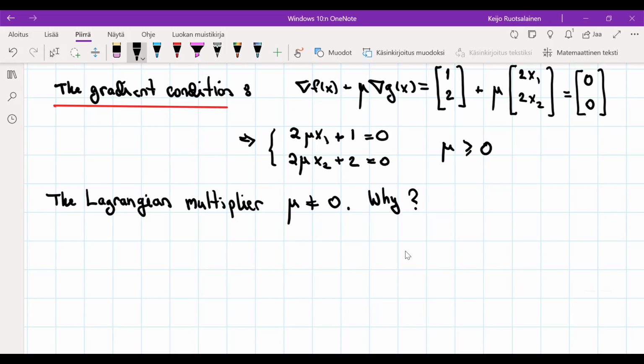Because if the Lagrangian multiplier is 0, then we end up with a contradiction: 1 equals 0.